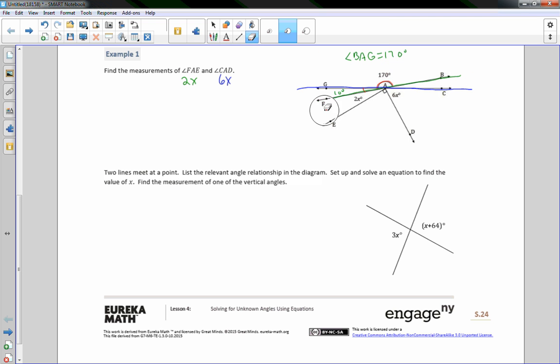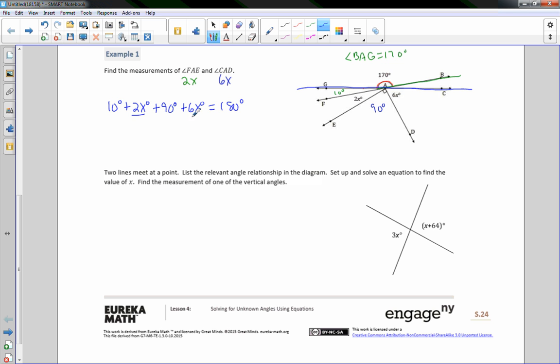So if I take my attention away from this straight line here, and we're now talking about this blue line here, everything underneath that is a total of 180 degrees. This is 90 degrees. This is 6x degrees. This is 2x degrees, and we just found this to be 10 degrees. So now we can say 10 degrees plus 2x degrees plus 90 degrees plus 6x degrees equals 180 degrees.